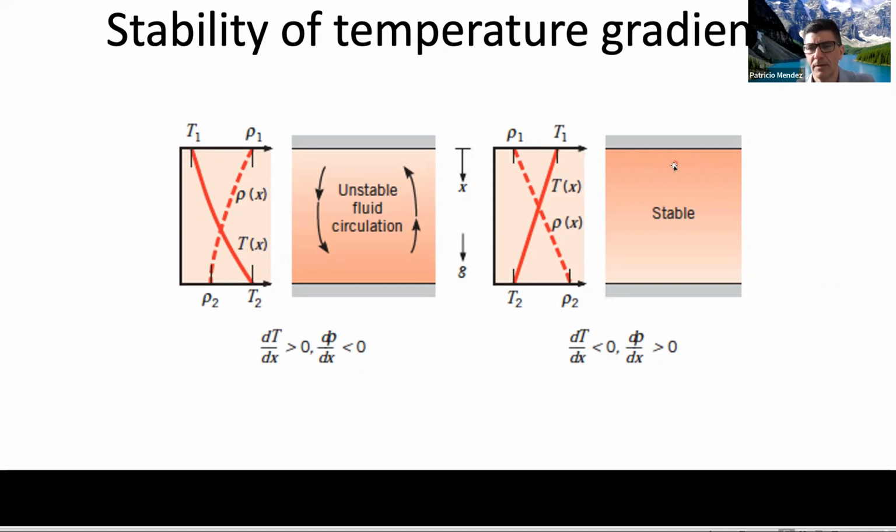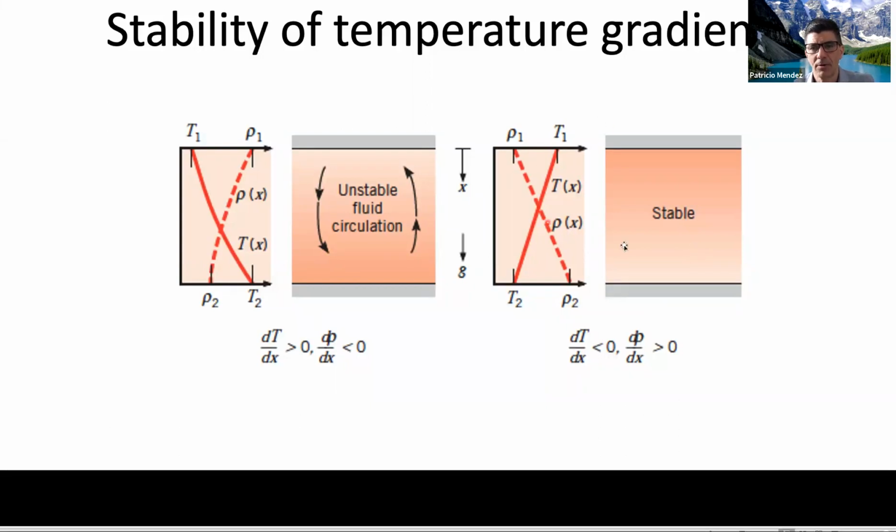If the top is hotter, the fluid expands, the density is lower, and because of buoyancy it wants to stay up. So in this case, with the high temperatures at the top and the colder temperatures at the bottom, we have low densities at the top floating on top of higher densities at the bottom. And this fluid is stable.